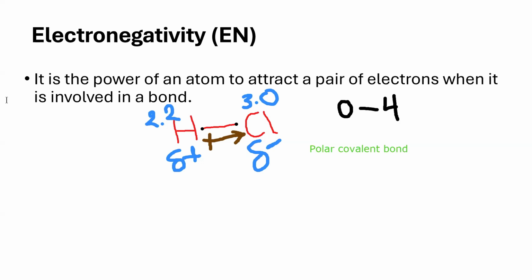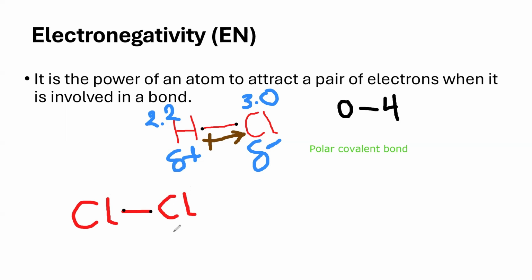If we have another example, such as Cl2, one Cl is bound to another Cl and they share a pair of electrons, one from each atom.